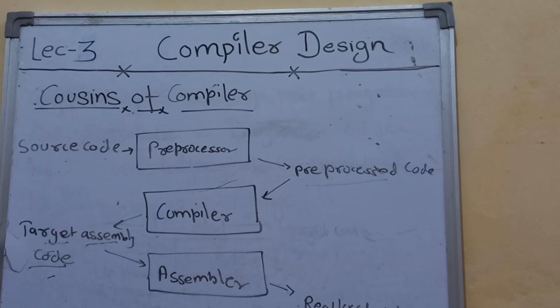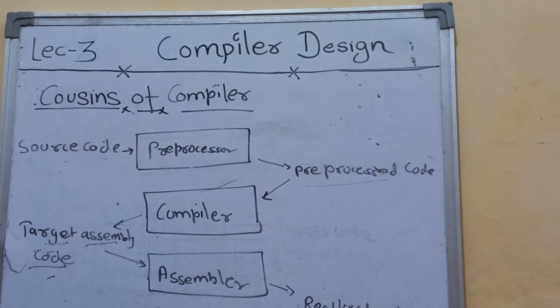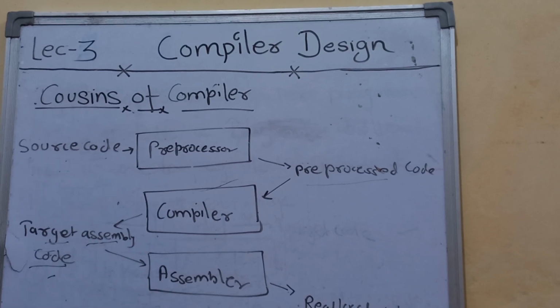And then loader and linker take the relocatable machine language and convert it into executable machine language, which is finally stored into the memory, such as RAM, ROM. All these executable machine code are stored in a memory. So now these above are the cousins of compiler which we are studying.